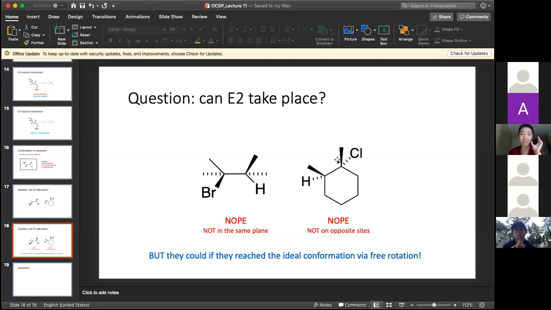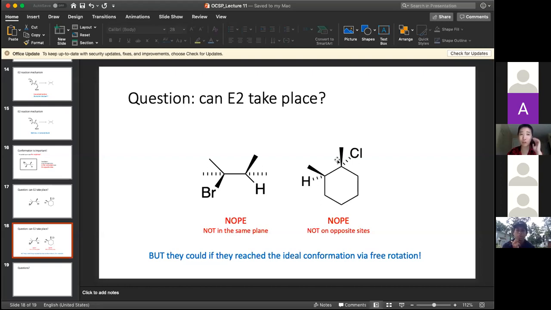So that's not good, because E2 cannot happen when the leaving group and the H are cis to each other. Oh, well then, if you turn it 90, would it also be in plane? Yeah, they're in the same plane, yes. So they would be in the plane of the board together.